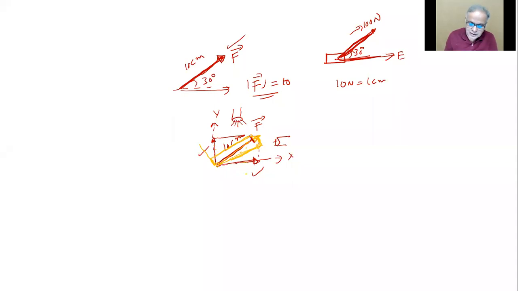So I can write here: the components change when the coordinate system changes, but not the original vector.